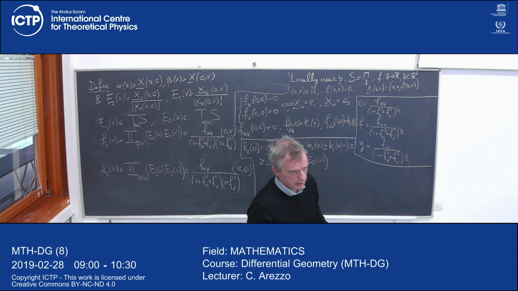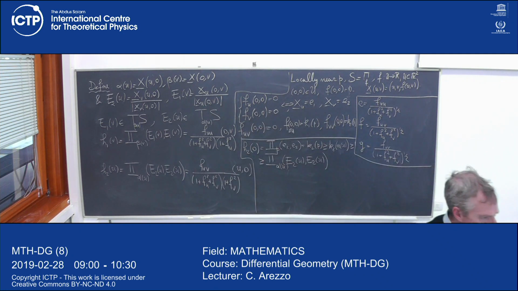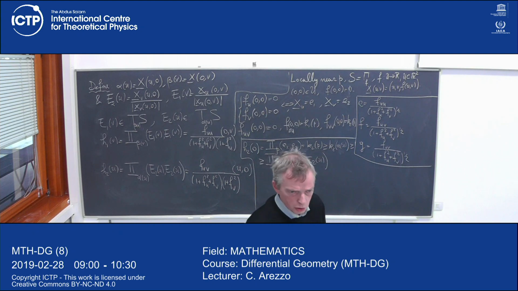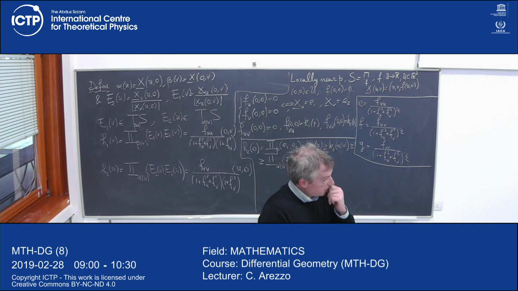Okay, this is a linear algebra exercise. I'm not going to prove it, because actually it takes a line to prove it. But are you convinced that this is plausible? Otherwise, why do you call it the biggest eigenvalue?